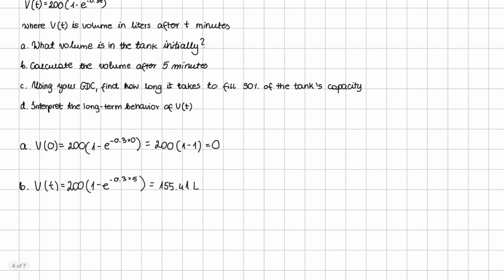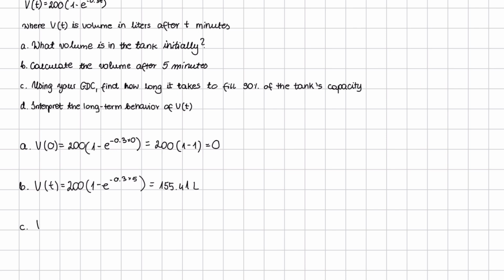So firstly we have to find what is the maximum capacity of this tank. In order to do this, we can substitute a very big number into t, for example 1 million.